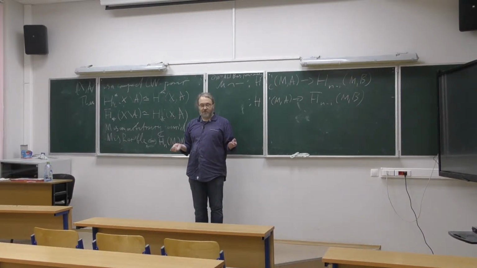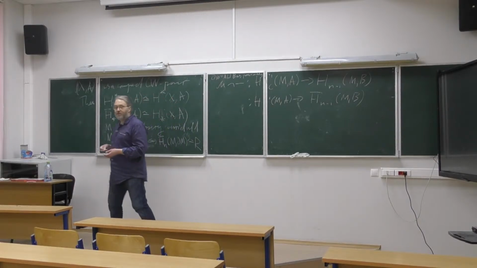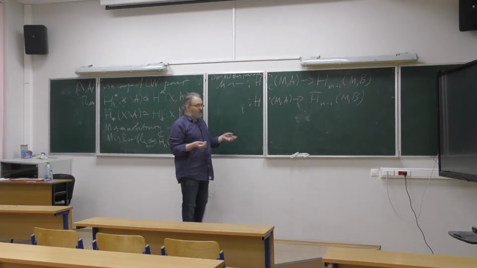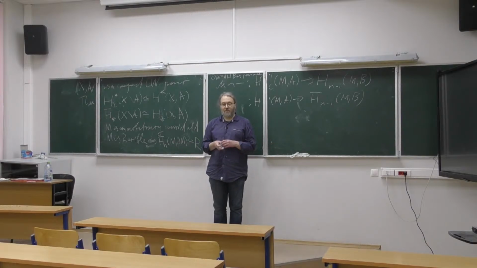Such examples exist, and there are quite a lot of those. And then what happens when we take the universal cover? We get something which is still a manifold, and it still has boundary, but it's not compact.